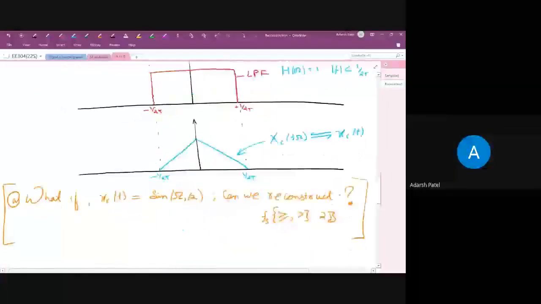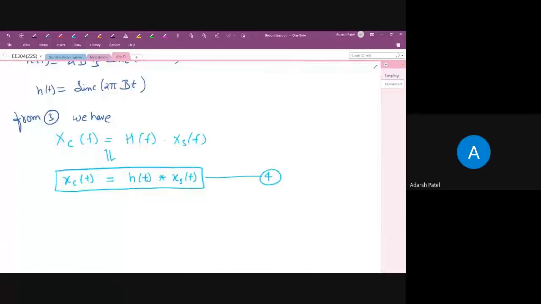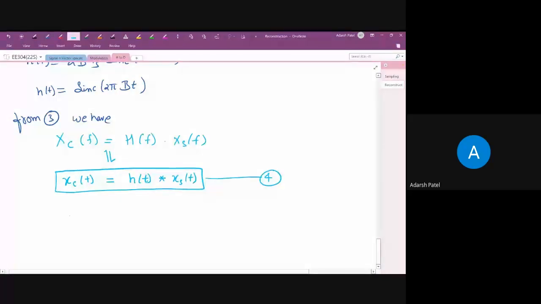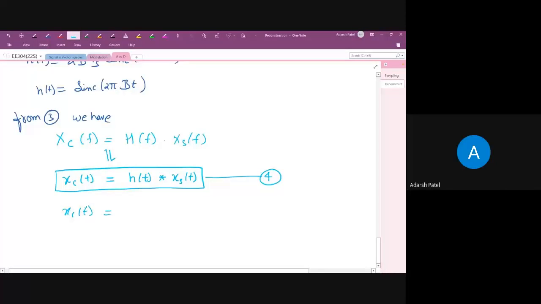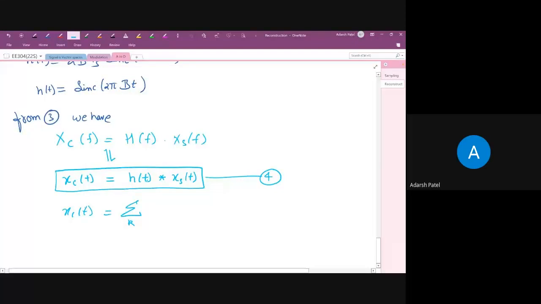So if I want to draw this again, what is going to happen? If I just see the convolution between the two of them, what will happen to h(t)? If I write x_c(t) in terms of this convolution, we are considering the kth sample, so this is again being sampled, so I'm going to write this as a summation.